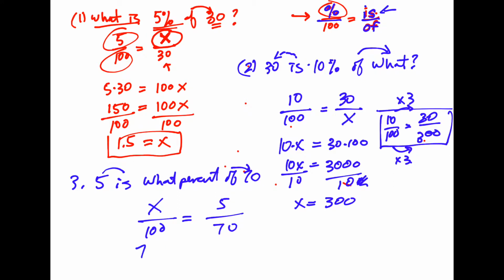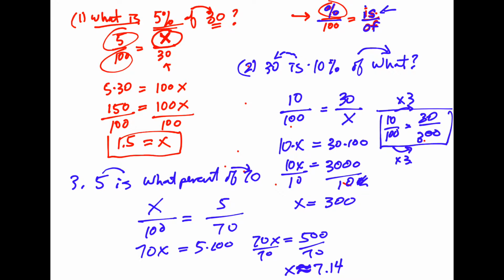So we see 70x equals 5 times 100, or 70x equals 500. Divide by 70, I get x is equal to 7.14. And this is an approximation, so I'm going to change this to approximately. So this would be my percent.